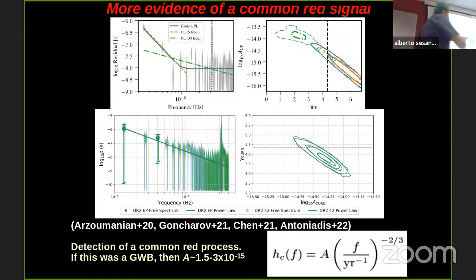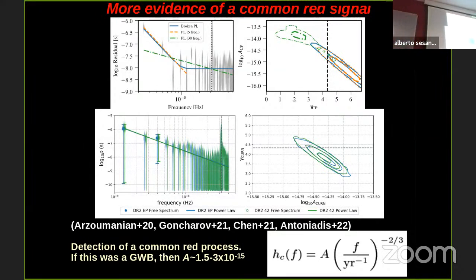All right, so this is just to say that this hint of a common red signal has been confirmed by essentially all the data sets that we have. So from the NANOGrav data set, the Australian Parkes Pulsar Timing Array data set, the European Pulsar Timing Array data set, and of course also the International Pulsar Timing Array data set.